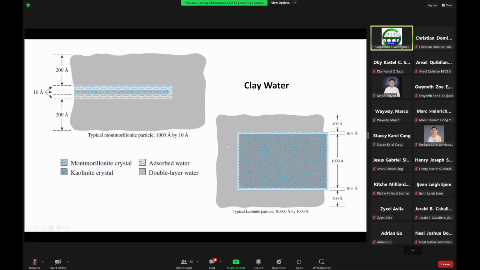For a kaolinite clay, this is now the kaolinite crystals. This is the adsorbed water, and then out here you have the double layer water, with their corresponding thicknesses in terms of angstroms.